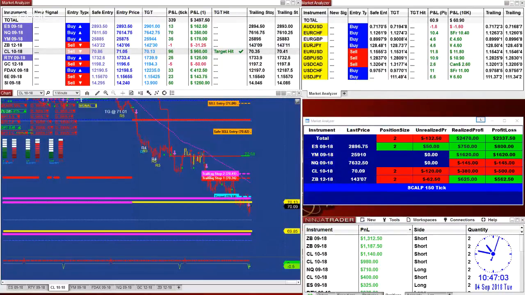I'm going to be loading the CL to see if I can find any reversal trade on it, and we will look at the ES also to see if there's any reversal trade on the ES.